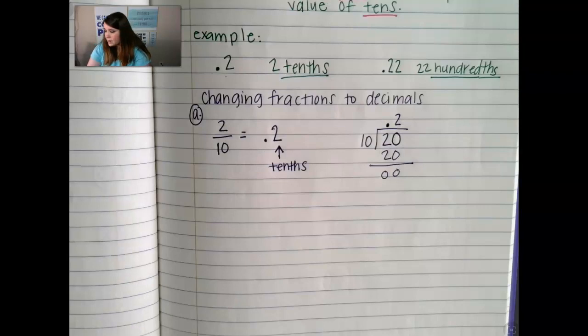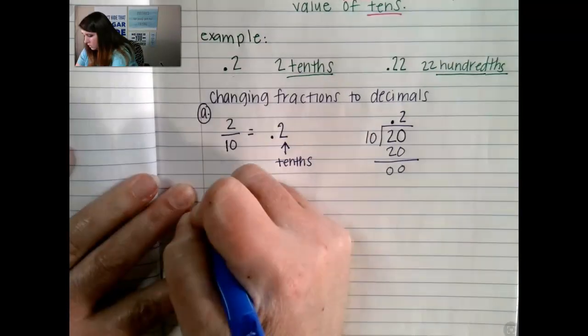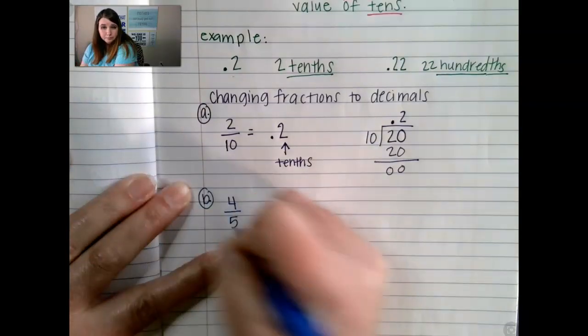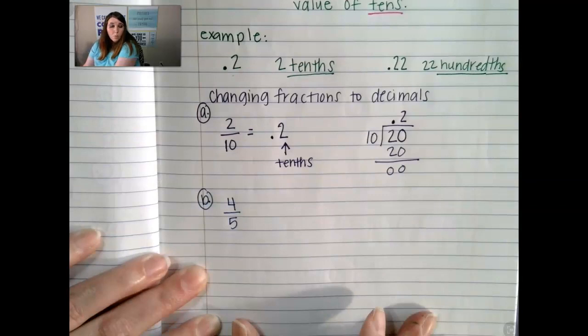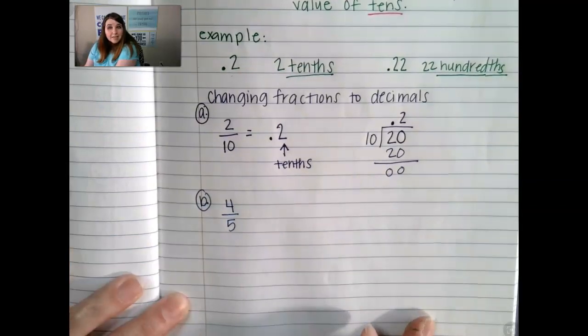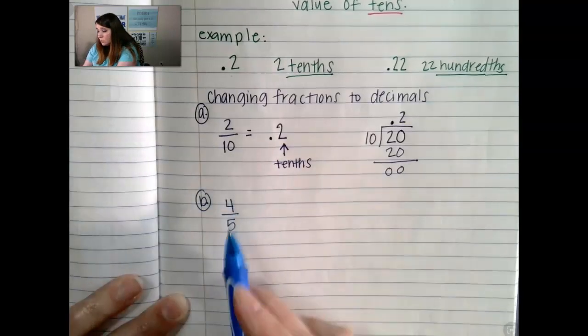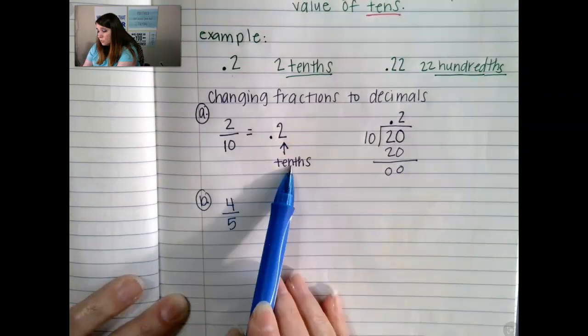Let's go ahead and do another example. So let's do example B. Let's say that I have 4 fifths. Well, I could find a decimal by using equivalent fractions if I wanted to. So if I wanted to, I know that the tenths place is a decimal point spot.